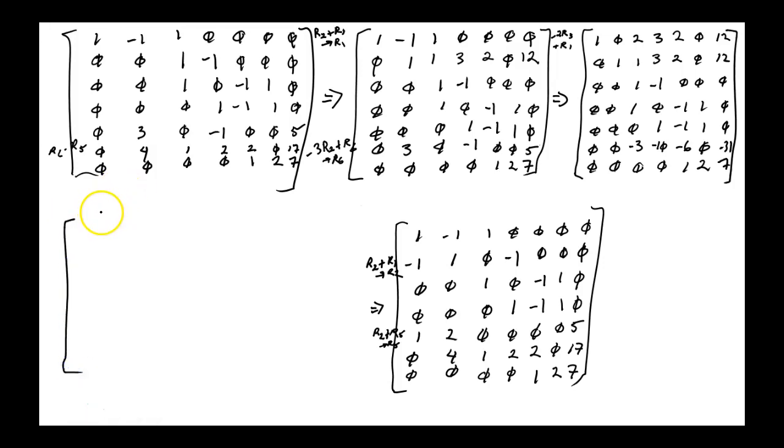Minus 2 row 3 plus row 1 gives us a 1, a 0, and a 0. 2 and 3 are 5, right? 2, 0, 12. Did I do that right?